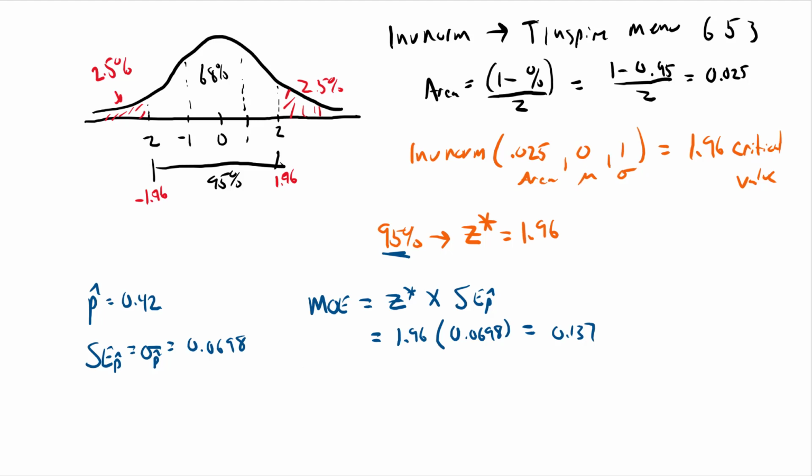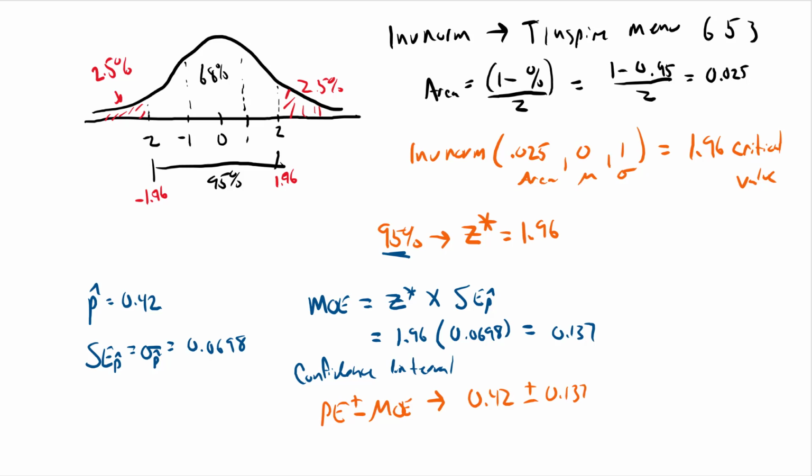Again, to find our confidence interval, it is going to be your point estimate plus or minus your margin of error. So therefore, we have 0.42 plus and minus 0.137.